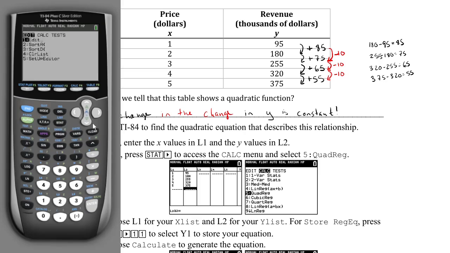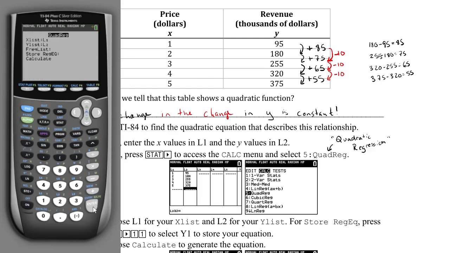So I'm going to hit stat and go over to the calc menu. We used LinReg, linear regression, to get a linear equation. To get a quadratic equation, we're going to use QuadReg. So QuadReg stands for quadratic regression.